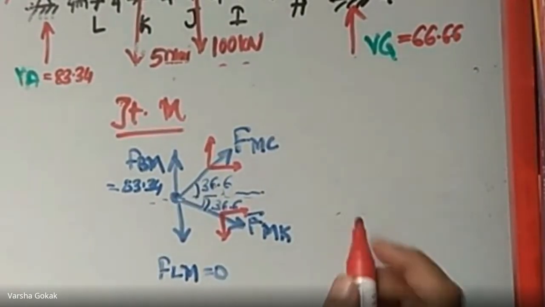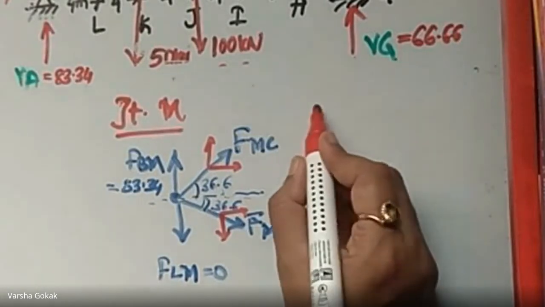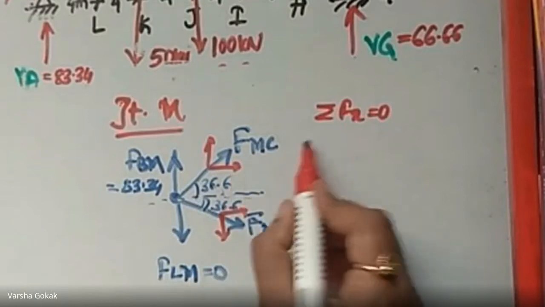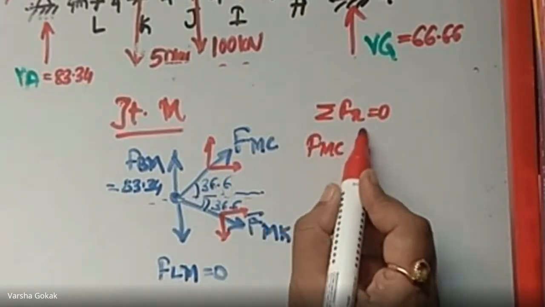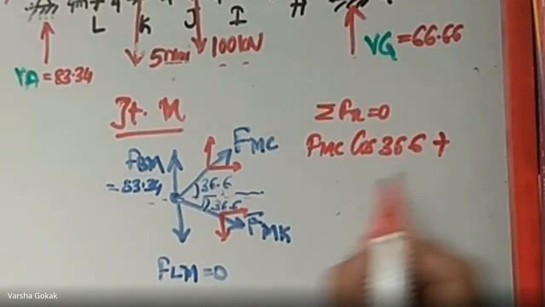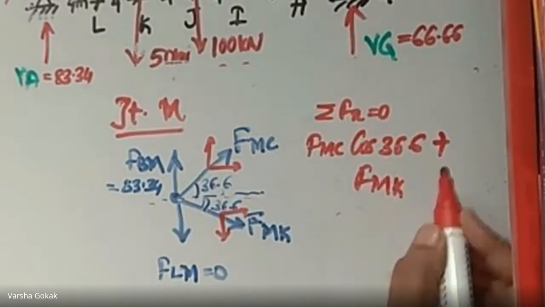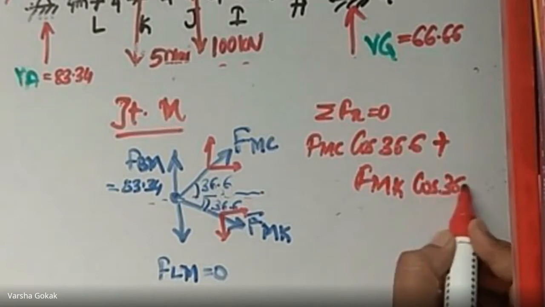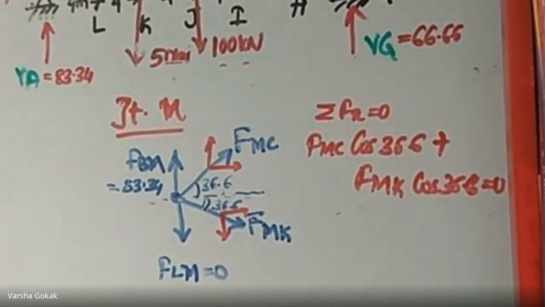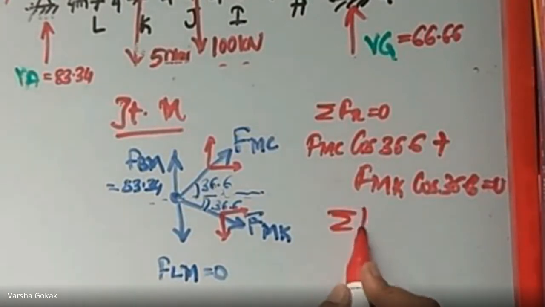Okay. So here when I take summation f of x equal to 0, I'll have FMC cos of 36.6 positive plus FMK cos of 36.6 equal to 0. Any other horizontal forces? No. So can't do anything. So keep it as it is.